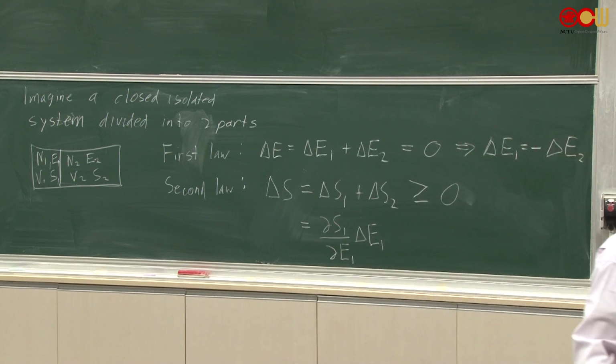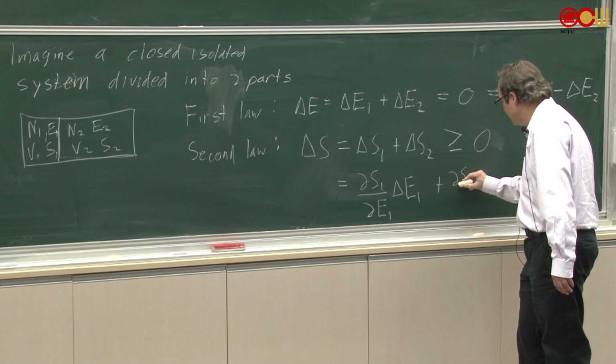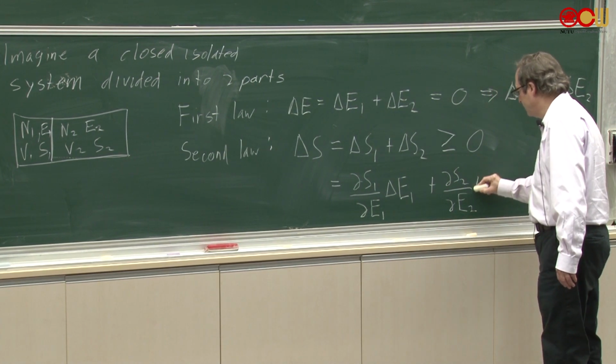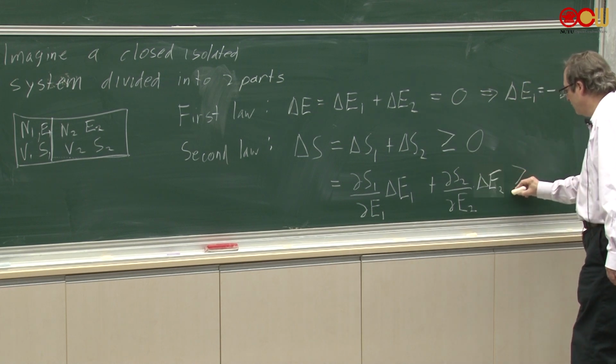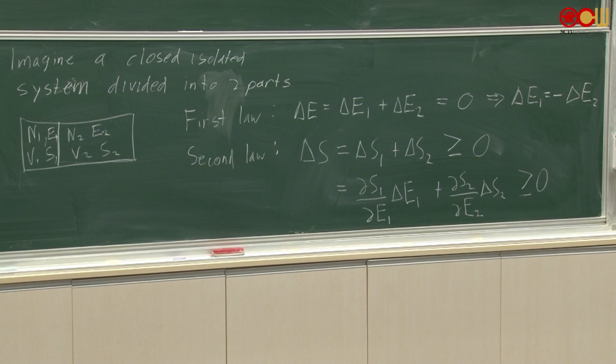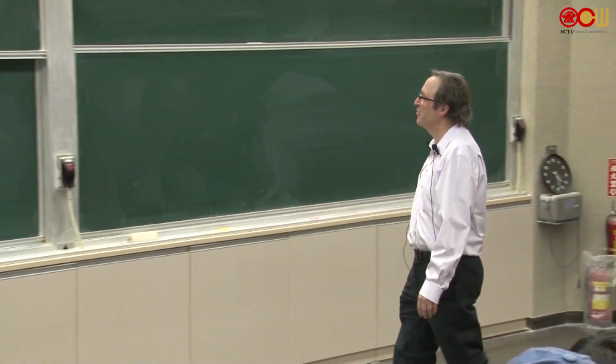If you don't like the partial derivatives, you can use regular derivatives. But hopefully you've seen this kind of thing in calculus. And then I could do the same for delta S2. So I had dS2 dE2 times delta E2. And that's got to be greater than or equal to 0. Really important that you understand this right now. This is the key. What I'm going to do next is pretty easy. This one I actually did not do on purpose. Okay, but I'm glad you caught it.